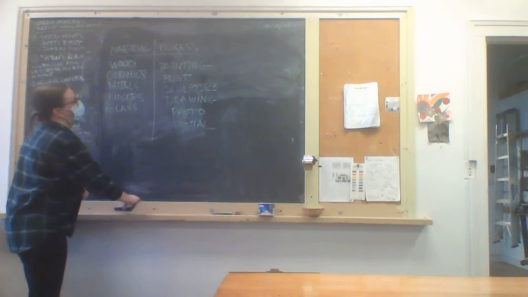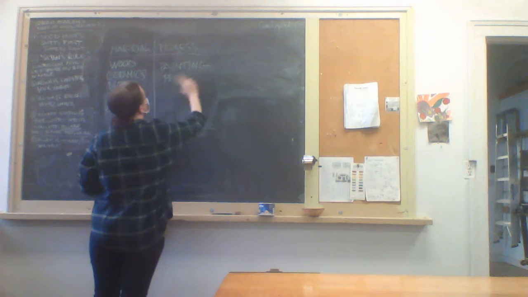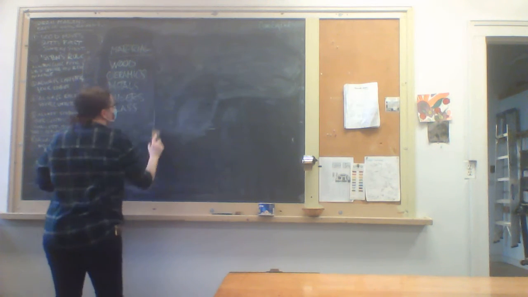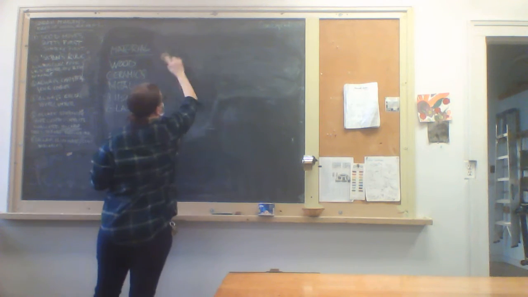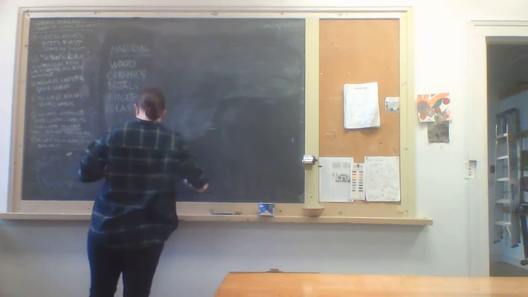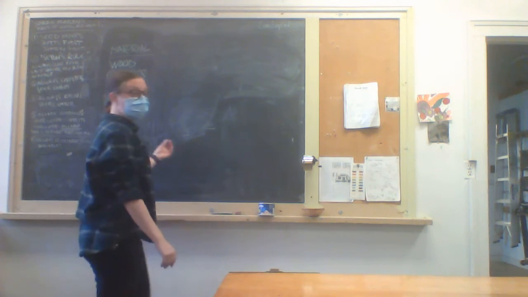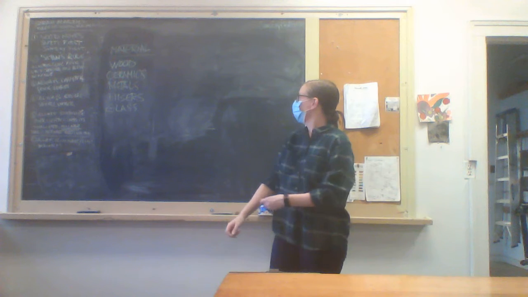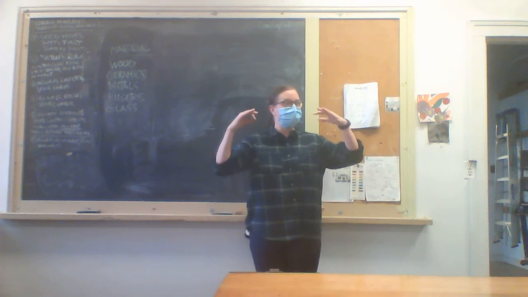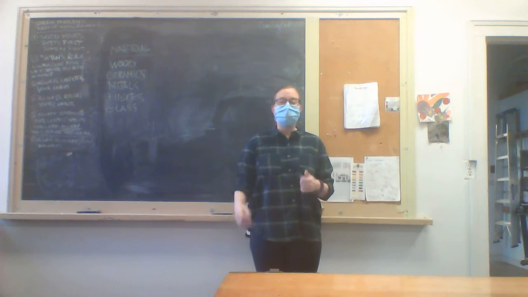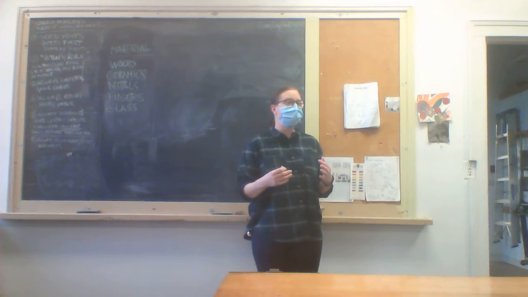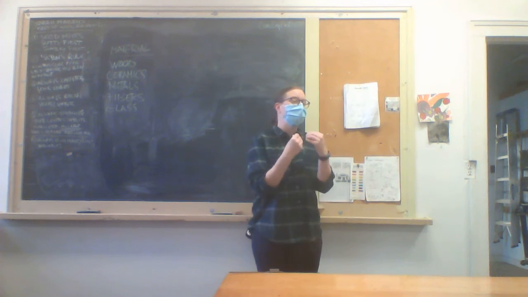Cool. All right, I'm going to erase this half of the board. So like I said, in understanding this discipline, it's important to know that the materiality is the thing. I like wood in particular because it is extremely close to the source.